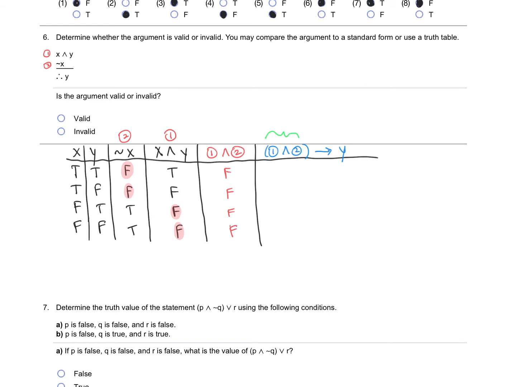And if you look in the red, they're all false. So this entire column is going to be true. Since this entire column is true, this is the column of the argument. If they're all true, then that's a valid argument. So in this case, the argument is valid.